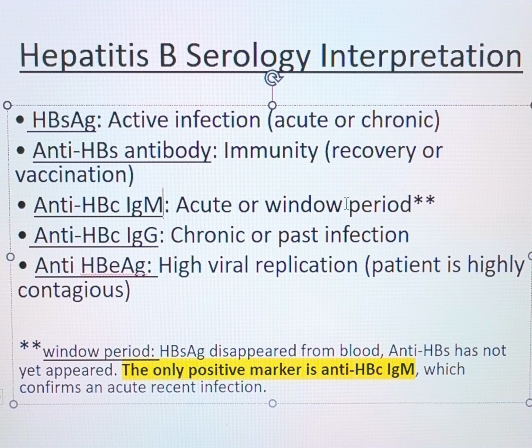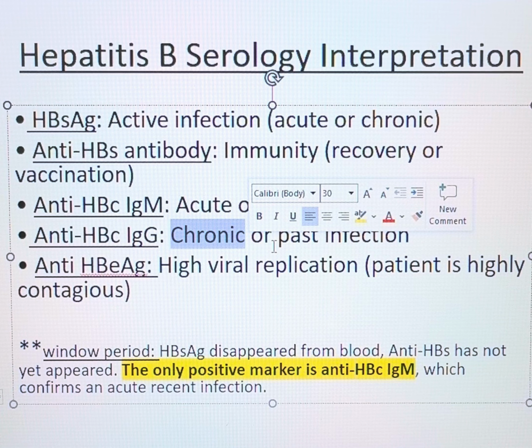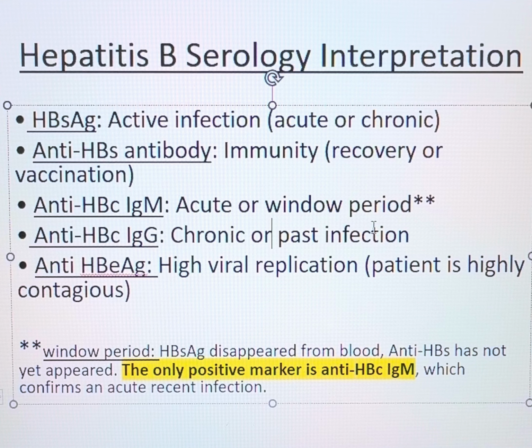I'm going to talk about the window period in a while. Anti-hepatitis B core IgG means that the infection is chronic, or that the patient has recovered from a past infection. So either chronic or recovered from a past infection.